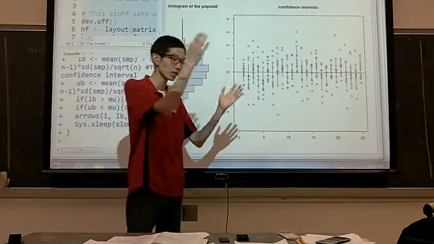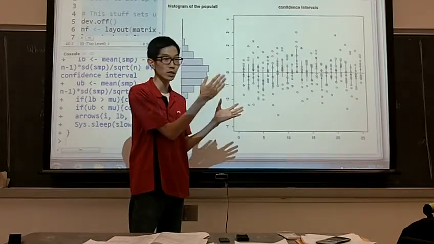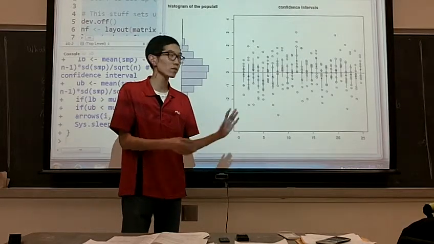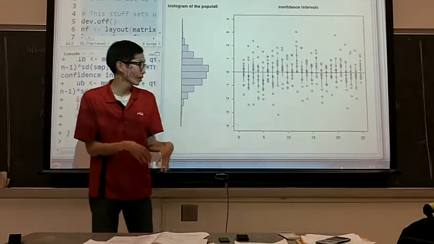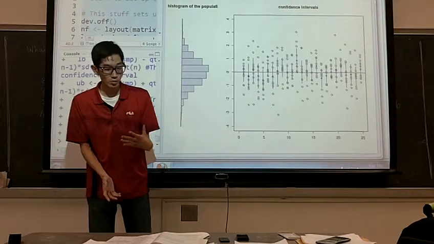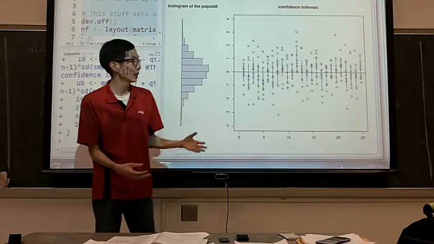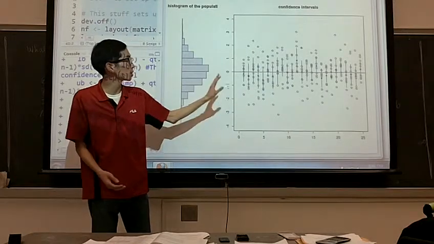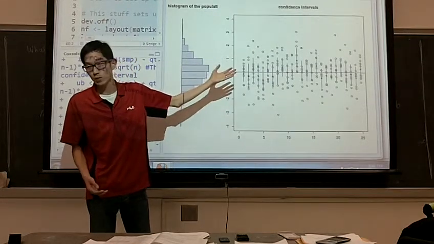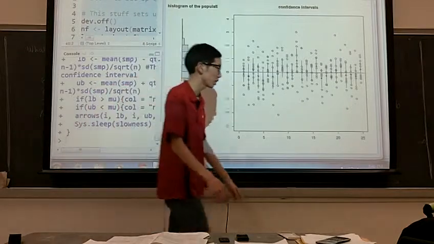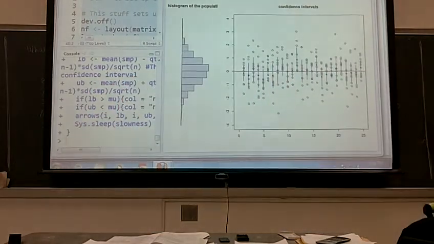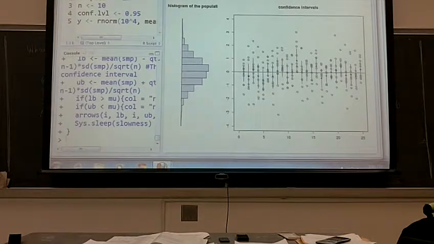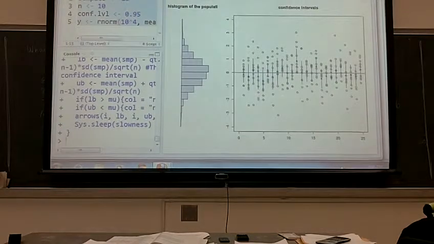You can get a sample mean, but you have no idea if this sample mean is anywhere close to the population mean. You're just counting on the random nature of samples and our understanding of sampling distributions, that the sample mean is not going to be too far from the population mean. Okay, but I'm trying to get one where it messes up. So let me just try this again.